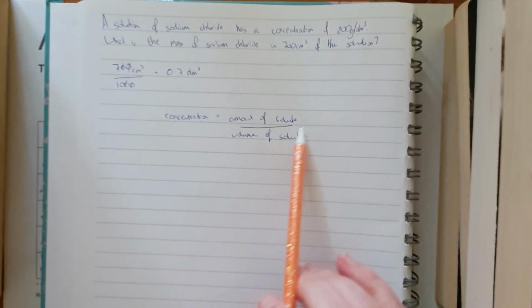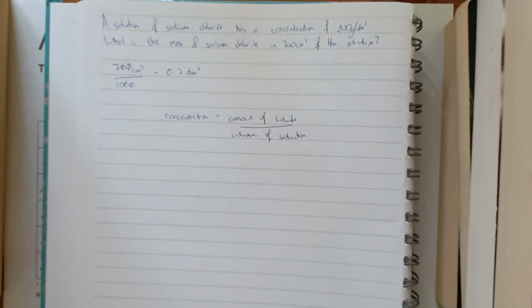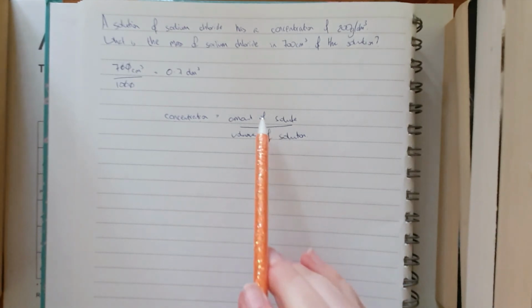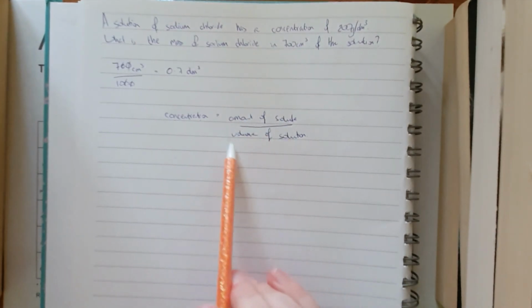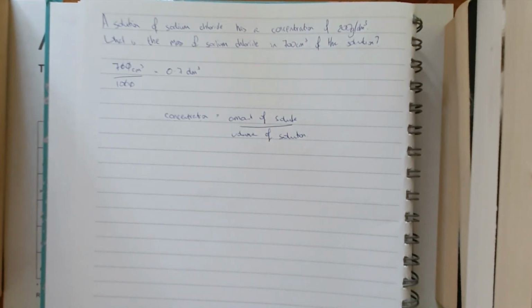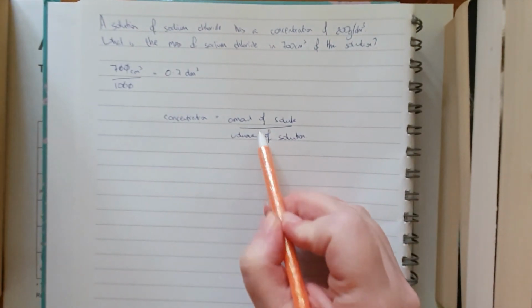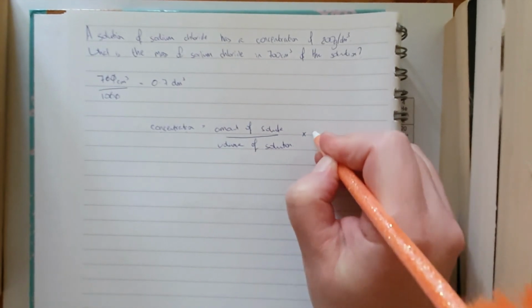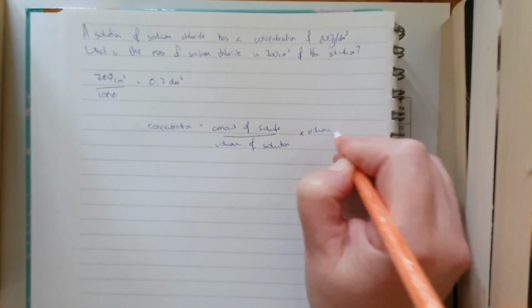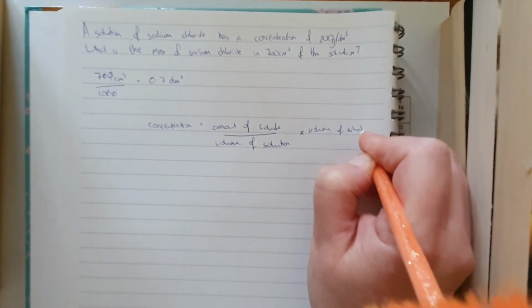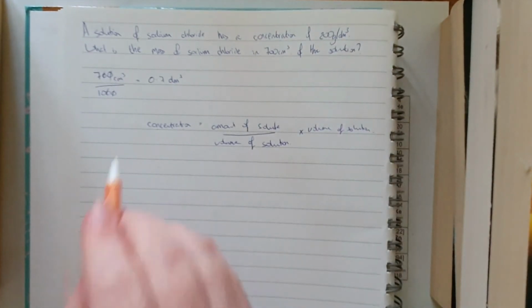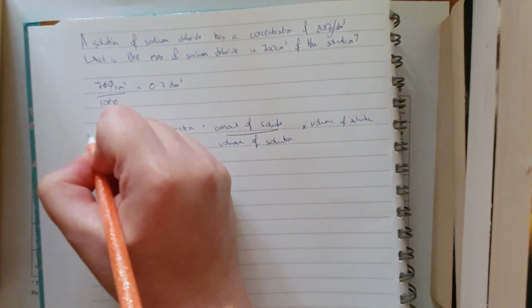So we want to make this the subject. So I need to rearrange the equation. The amount of solute, that means I need to get rid of this volume of solution. So you know from maths, this is divided by, so if I multiply this side by volume of solution, I need to do the same to the other side.